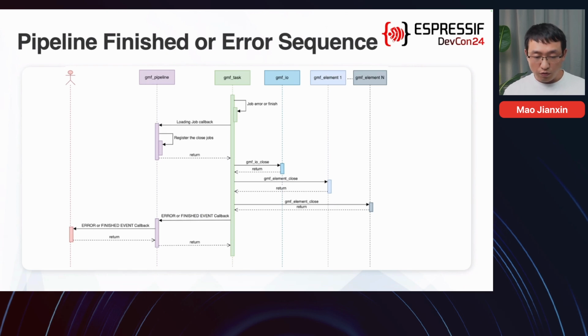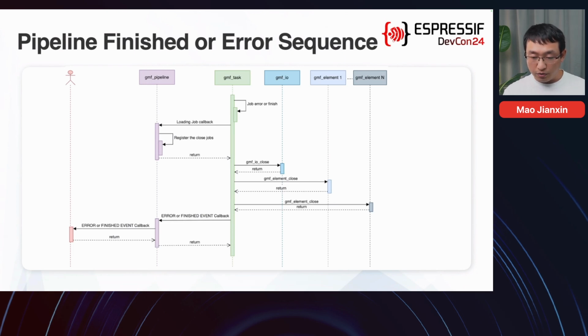The processes of finished and error are similar to calling pipeline stop, with the key difference being that finished and error are triggered by GMF task itself without requiring user API calls. After finished or error occurs in the pipeline, GMF task will first clear the loaded work list.